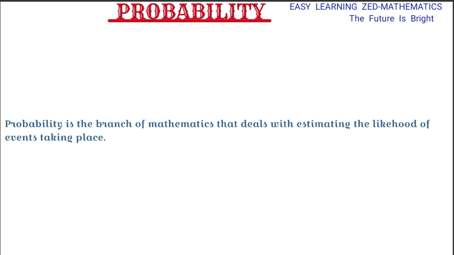In this topic in mathematics, we bring out the facts, we put them in consideration, then we come up with a probability. So this is just a branch of mathematics where we predict what will happen. Okay, so that is probability.